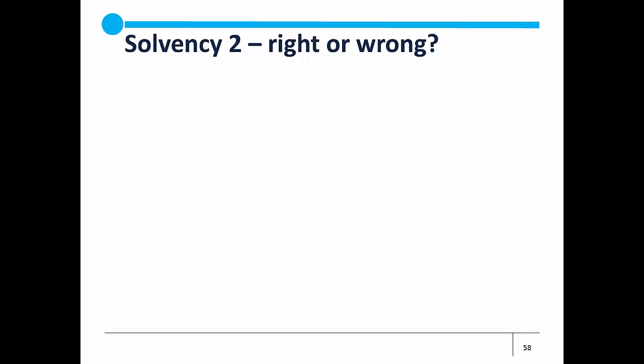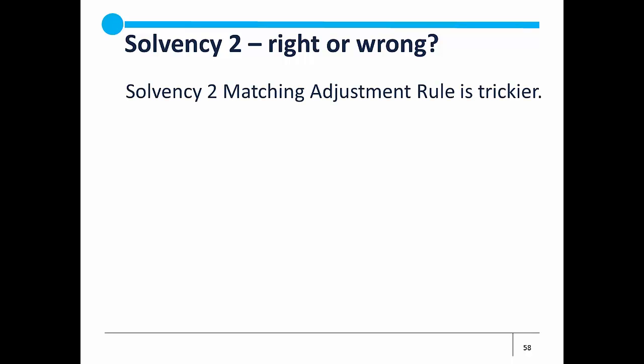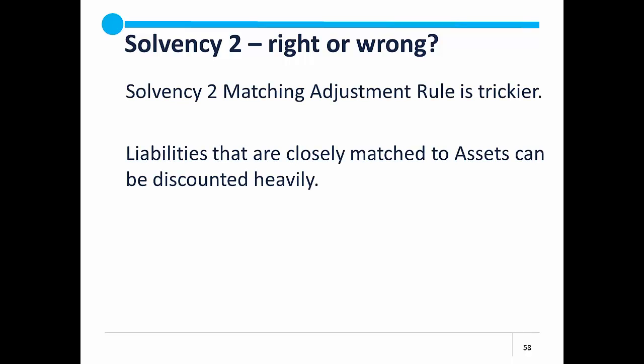What about our second example from the beginning, Solvency II? How about this matching adjustment rule? Well, that's a bit trickier. So, just to remind ourselves, what the matching adjustment rule says is that liabilities that are closely matched to assets can be discounted heavily. Does that make sense?